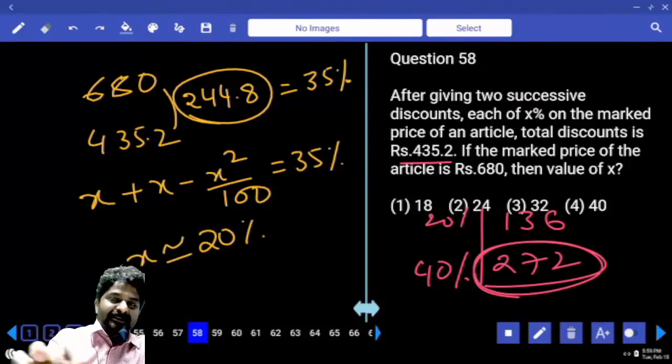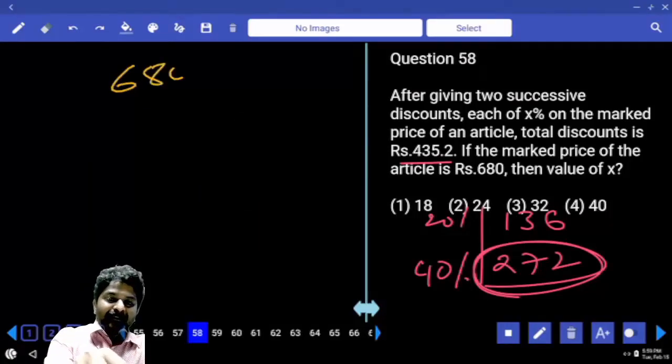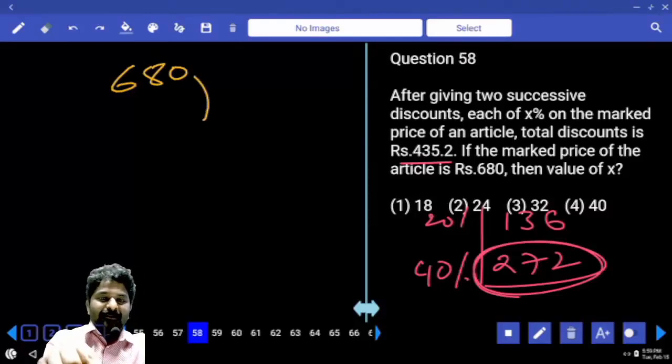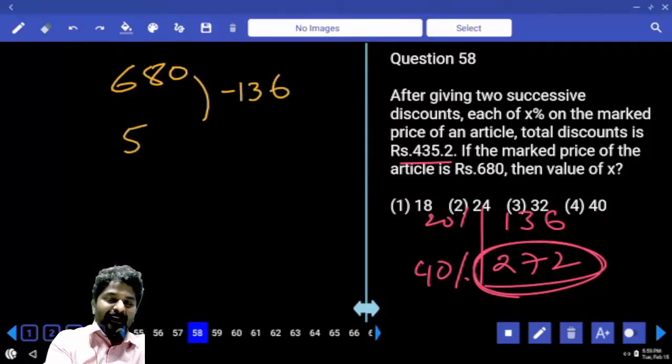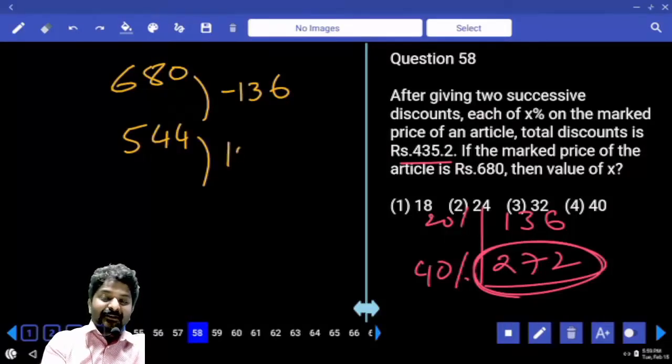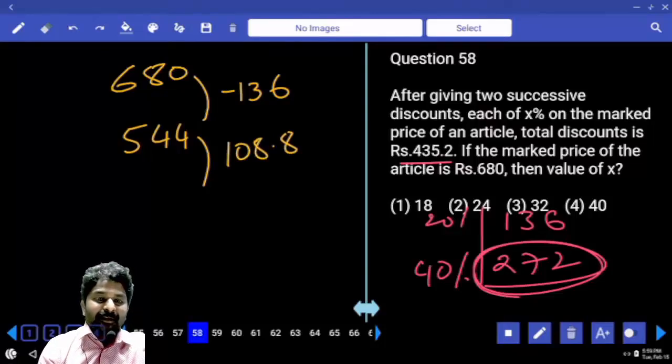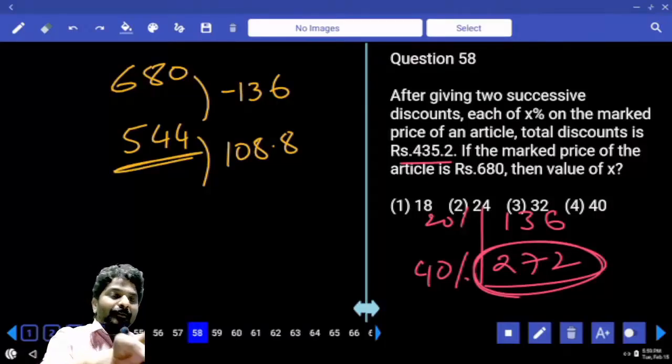Let's see if 20% works or not. Let me first give 20% discount. That is 136 rupees. Then it becomes 544. Again 20% discount in the sense 108.8. Correct? If you subtract 110 first and add 1.2, 110 subtract it is 434.